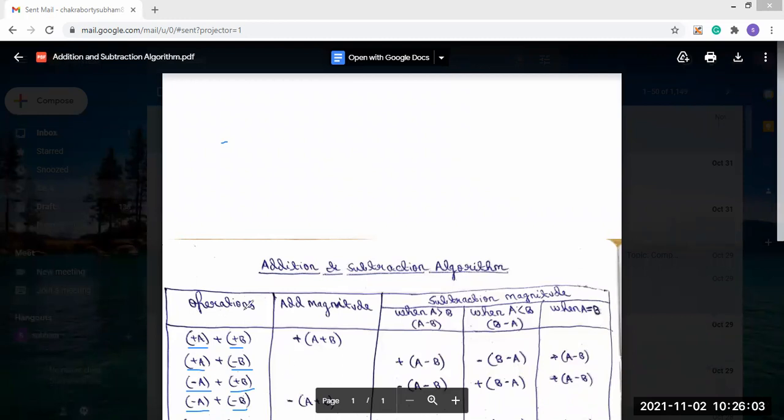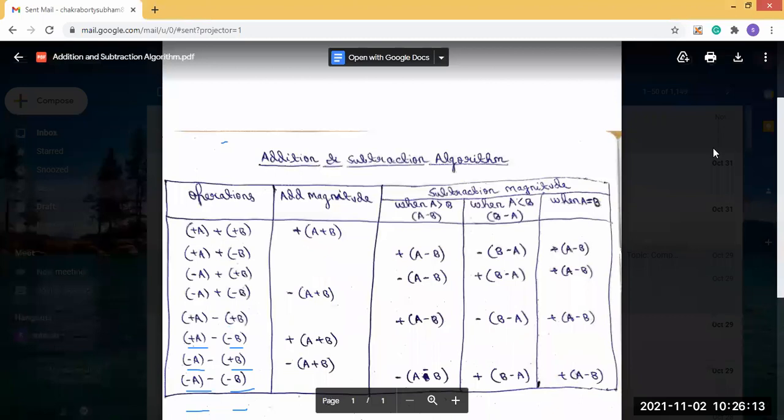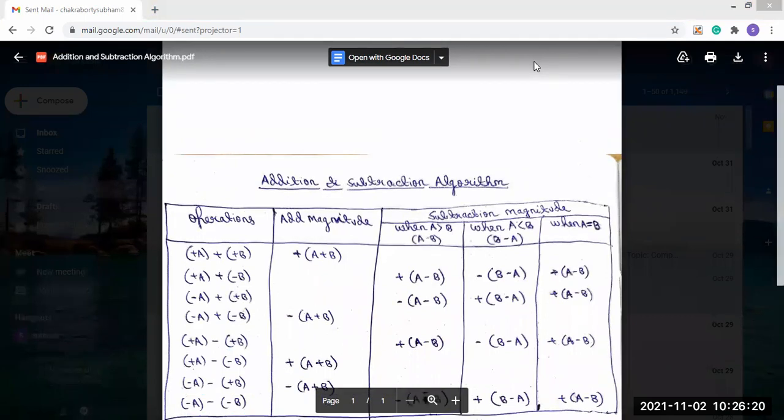So first, in this table you see we have written the conditions for plus, and the same way for minus also. For minus conditions also we can perform it the same way: both positive with the minus between them, one positive and one negative, one negative and another positive, and both negative, and we perform subtractions.